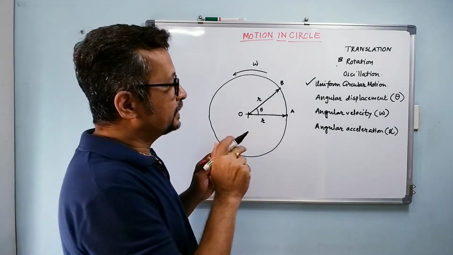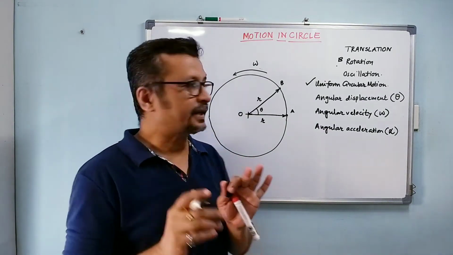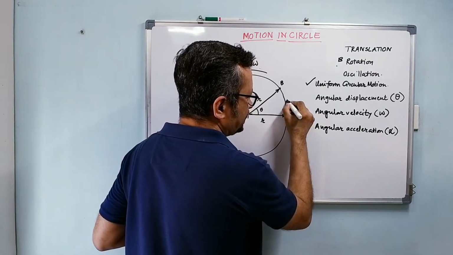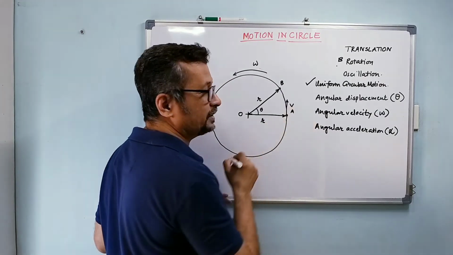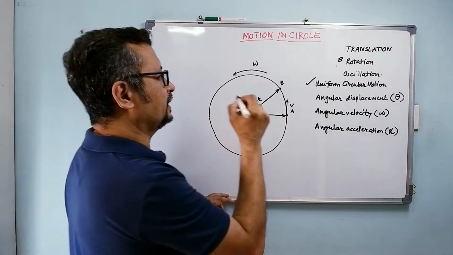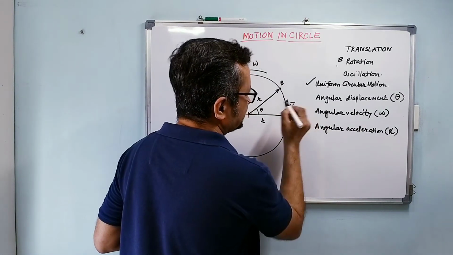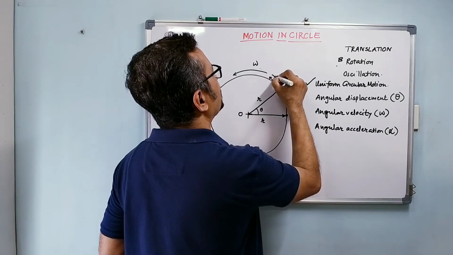So that means this is uniform circular motion. Correct. So at any point of time, the magnitude of linear velocity would be v. Okay, now I'm going to call this v1 bar. At point B it is v2 bar.